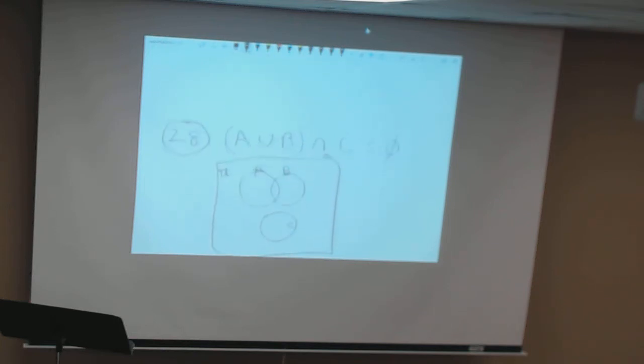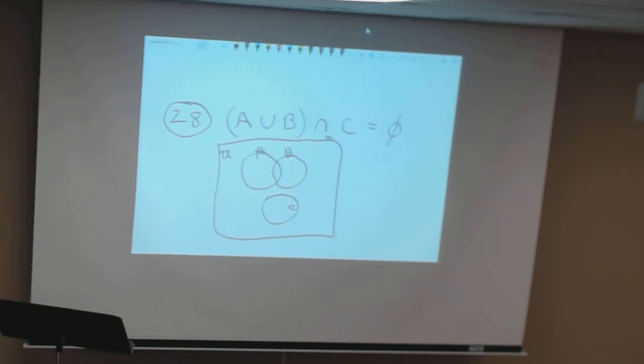Let's go to 28. 28 has 3 circles, A, B, and C. And it says the union of A and B, so that would be A and B together. You follow that?